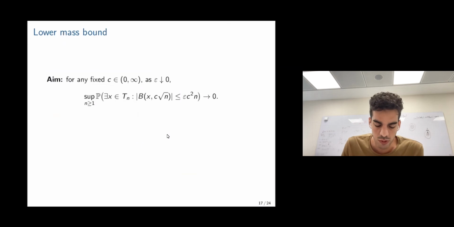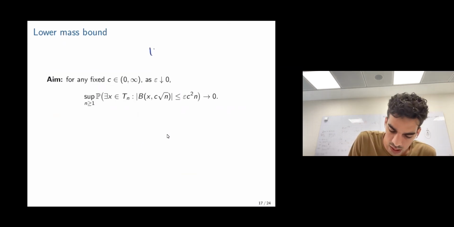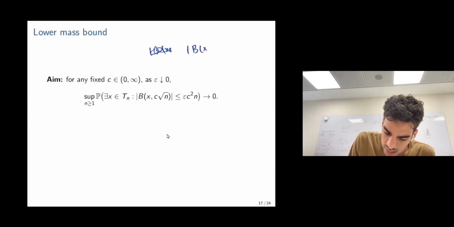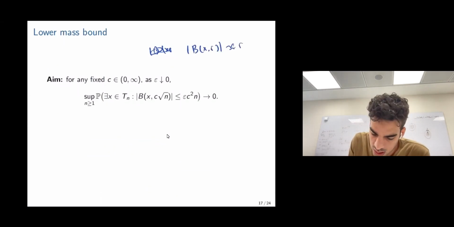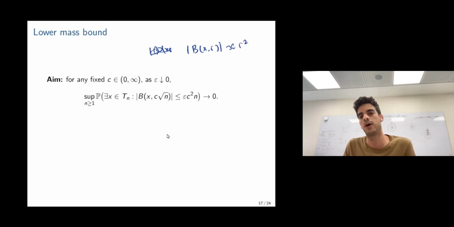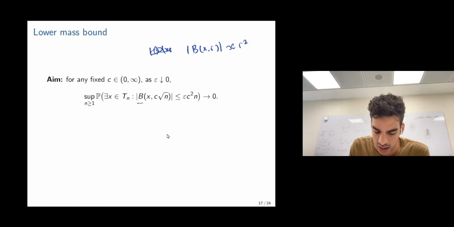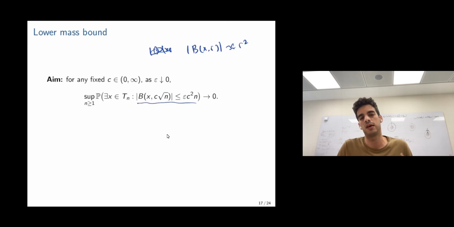And the reason we write it this way is because typically the ball of radius r around some vertex x is roughly r squared. So it's sometimes more convenient to write it this way, because if we look at balls of radius c square root n, typically we see c squared n vertices, and this epsilon is how much we deviate from what we expect to see.